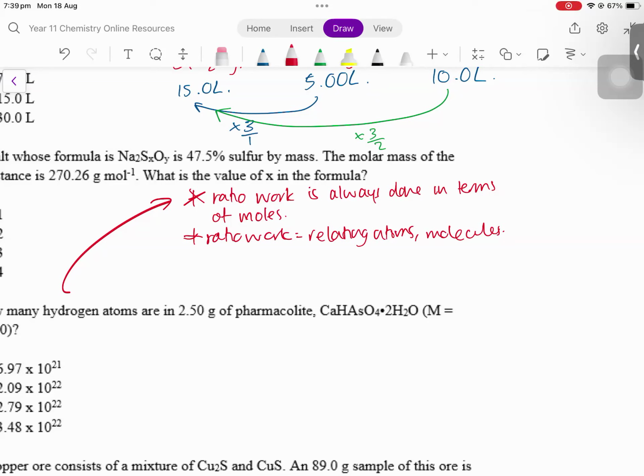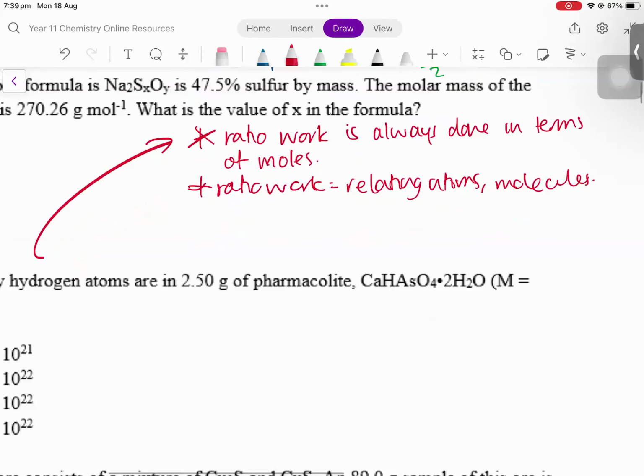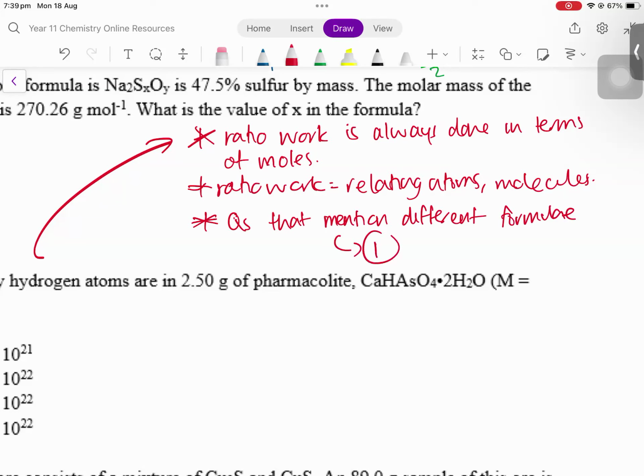So when I say ratio work, you're relating the atoms and the molecules to each other. It's always done in terms of moles. What that means is this: when you go into the exam and you're doing reading time, questions that mention different formulae, step number 1 is to convert to moles.